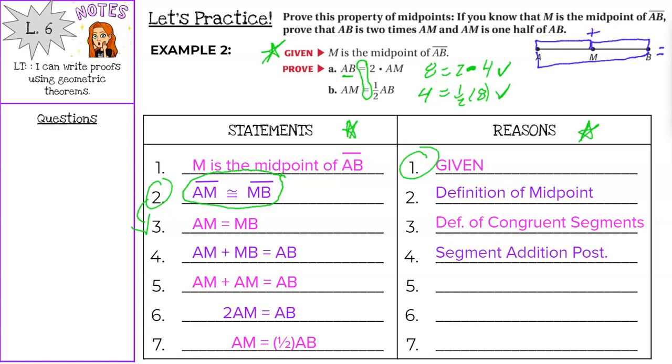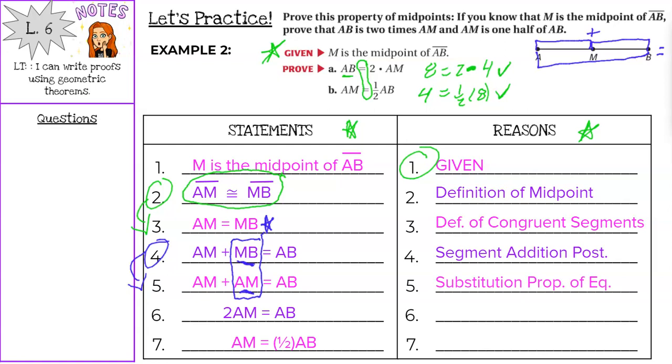Now, if we look from number 4 to number 5, what changed? Well, AM stayed the same, plus, MB turned to AM, and the AB stayed the same. Well, why could we replace MB with AM? Right here in number 3, we're told that their measures are equal, which means we can replace one with the other, or substitute. So that's the substitution property of equality.